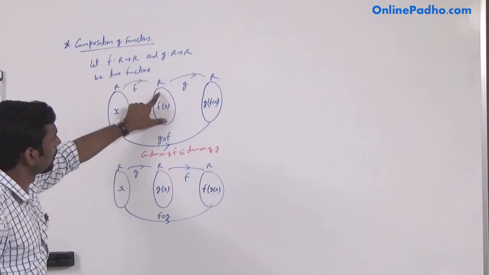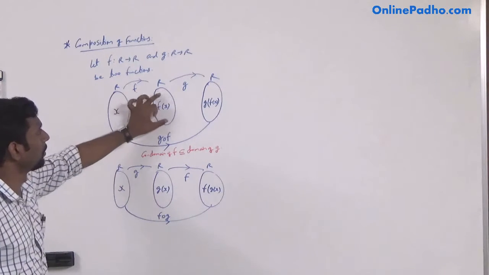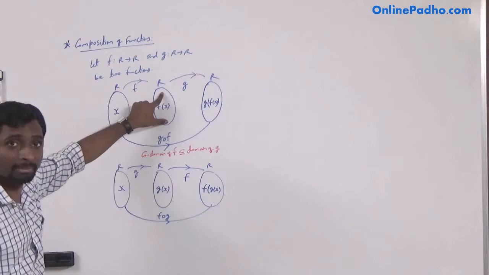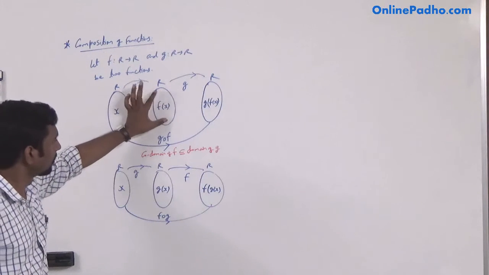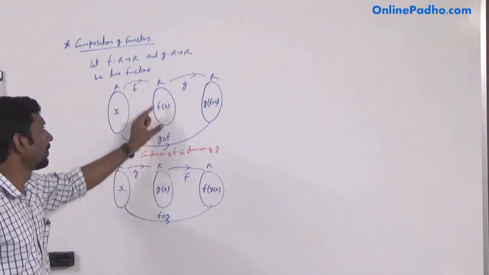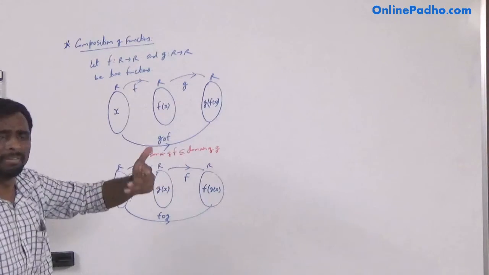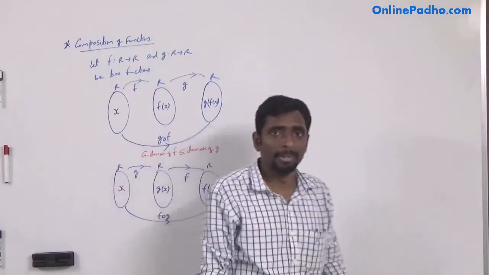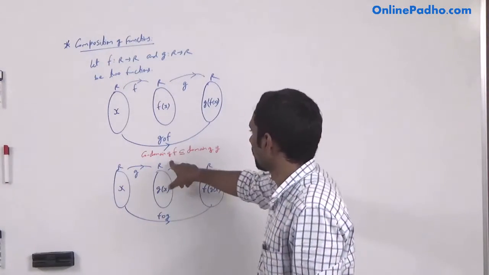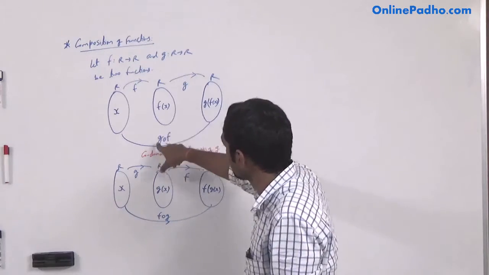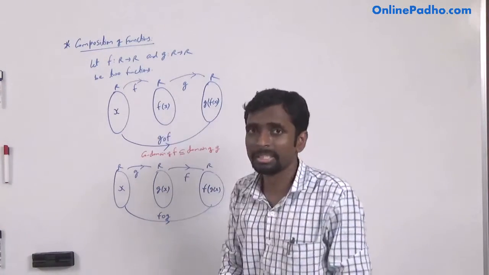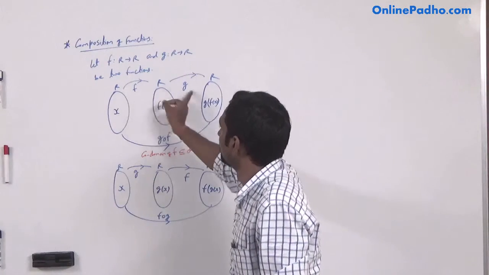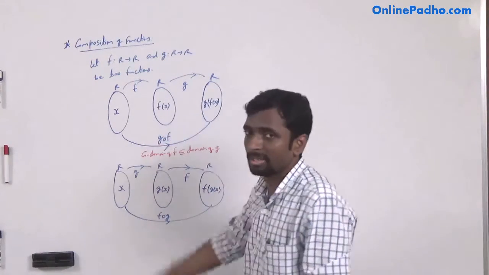This is the domain of g. The codomain of f and the domain of g, both are the same set. Either both must be equal or the codomain of f must be a subset of the domain of g. Even if in g we have some extra elements, no problem. But the codomain of f must be a subset of the domain of g, then only g∘f exists, otherwise it does not exist. If this set is different in f and g, then g∘f does not exist.